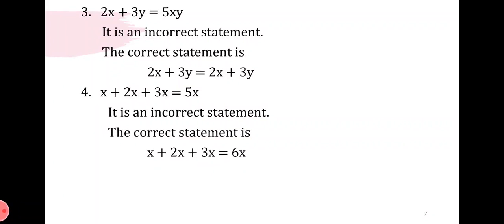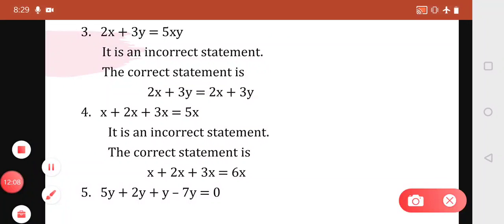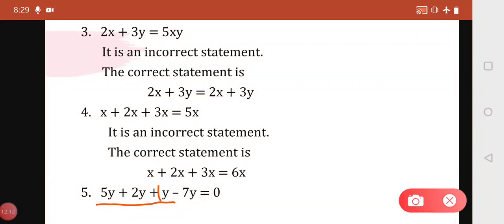Number 5. 5y plus 2y plus y minus 7y equal to 0. Again here you can see these all are added. When we are adding, this one should be counted. So we will get 5 plus 2, that is 7, and 7 plus 1, that is 8y. And 8y minus 7y we will get y.